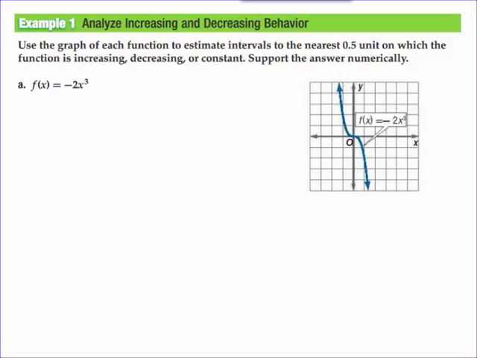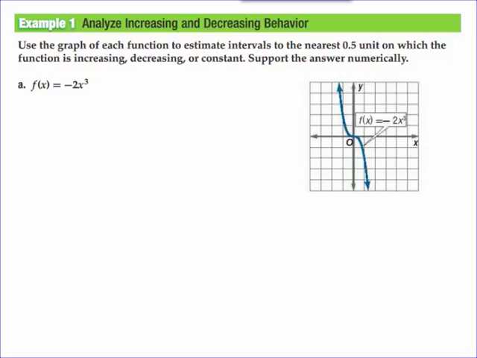Now, if you wanted to see if it's constant, you can use your trace feature and go along the graph. As you go along the graph, does it appear to be constant? No. It doesn't appear to stay at the same y value. So it is not constant there. And so this graph the whole time does what? Goes down, so it decreases.